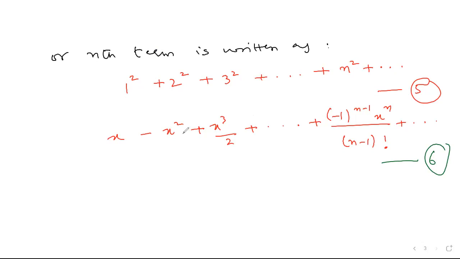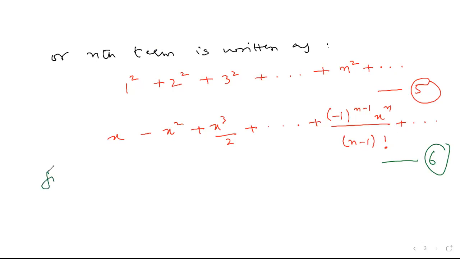In the case of series 6, the nth term is minus 1 raised to n minus 1 times x raised to n over n factorial. Now the quantity n factorial means, for integral n, the product of all integers from 1 to n.